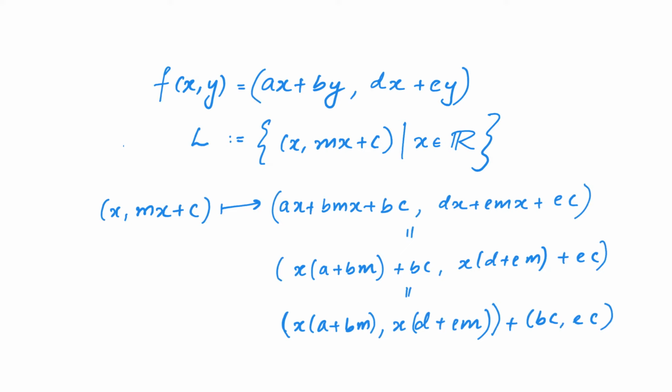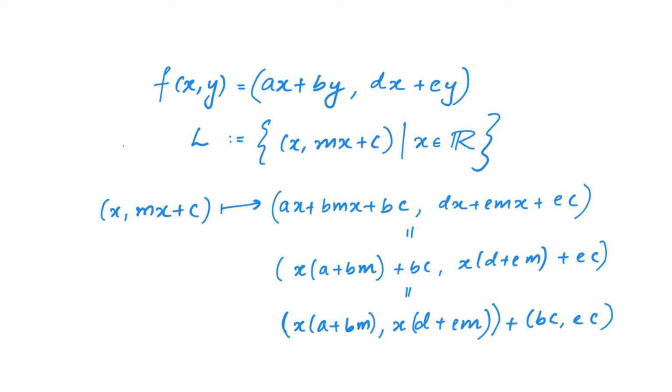Once again, we see where the point (x, mx + c) goes to. It can be noted through some simplification that (x, mx + c) goes to (x(a + bm), x(d + em) + bc, ec).